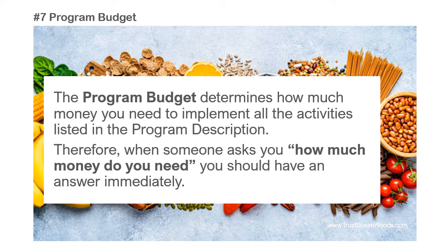If you're going to build gardening beds to plant your garden, and you want to use pressure treated wood, 6 by 10 or 6 by 12, how many do you need? How much is each piece of wood? All of that has to be outlined in the program budget. And you will also need to have a column that shows the source of this data. We can't just estimate how much something is going to cost.